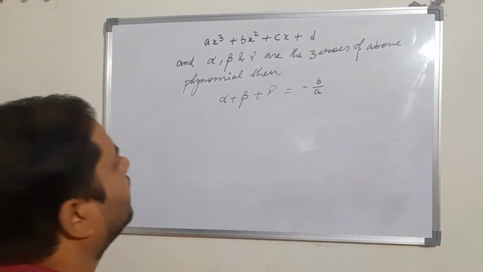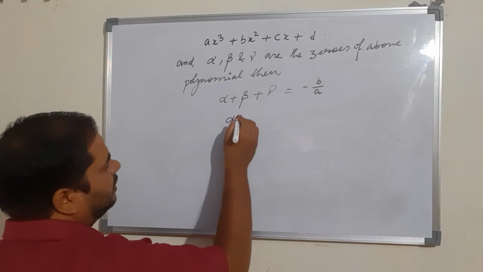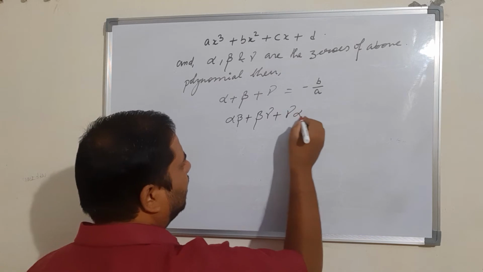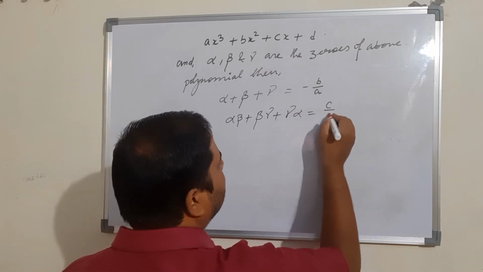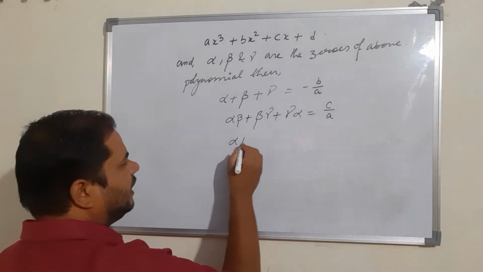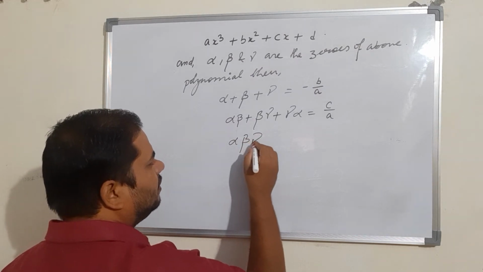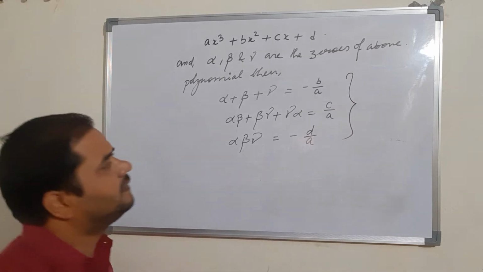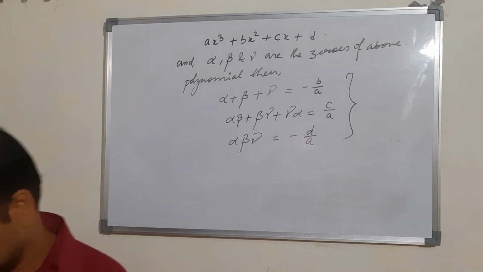Similarly, alpha beta plus beta gamma plus gamma alpha is equal to c by a, and alpha beta gamma is equal to minus d by a. So please see and note it down.